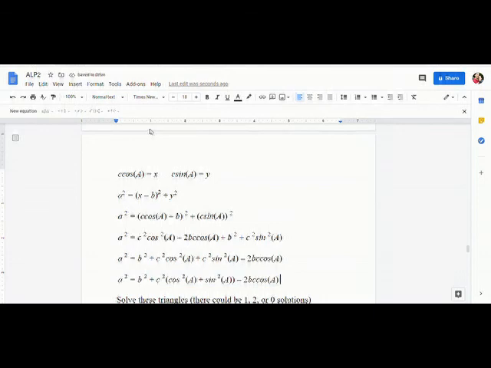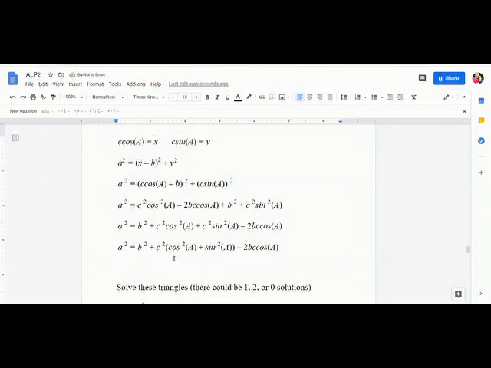Now we see that here we have cosine squared a plus sine squared a, and we know that this equals 1. And 1 times c squared is just going to give us c squared, so we can just not write that on this next one. We've got b squared plus c squared minus 2bc cosine a, and there is your law of cosines right there.